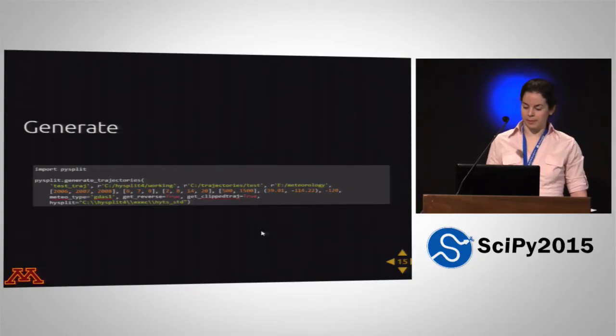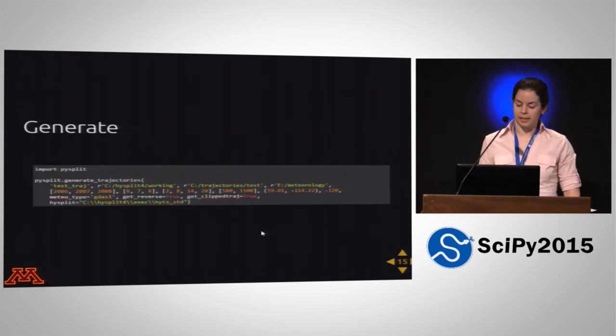My other question was, are you fundamentally just generating HYSPLIT configuration files and then kicking it off, or are you working at a lower level? So during the generation, it will generate new control files as needed.